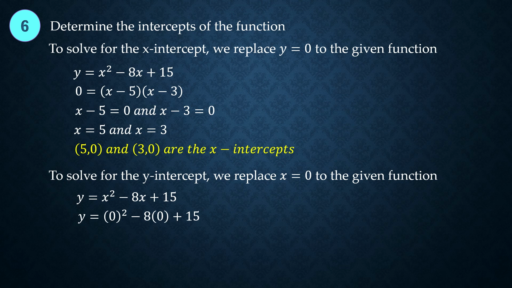The square of 0 is 0, 8 times 0 is 0, so 0 minus 0 is 0. What remains is positive 15 as the value of y. Therefore, when x is 0, y is 15. So the pair 0, 15 represents our y-intercept.